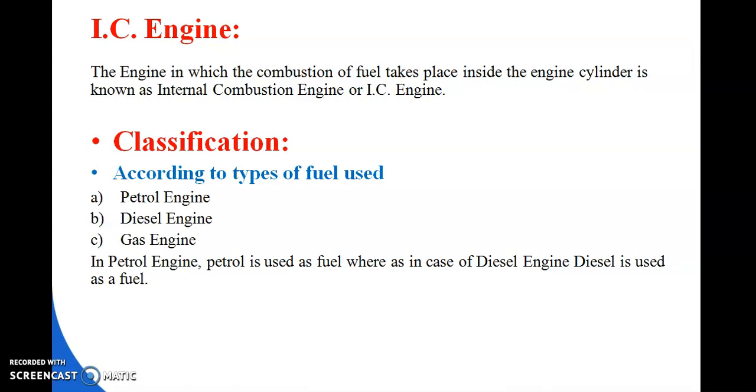In that manner, the power can be transmitted. The engine can be placed at the front or at the rear end of the automobile. When the engine is at the front and the power is transmitted to the rear wheel, it is known as front engine rear wheel drive, and so on.